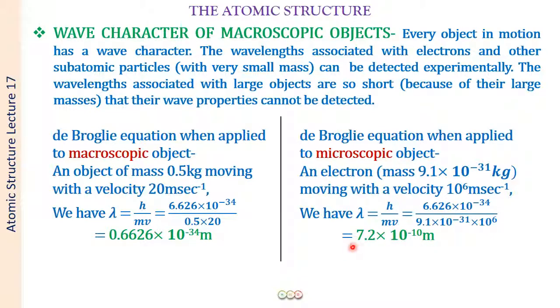So I hope you can understand that the wave character is present in the macroscopic objects, but it is not detected because of the wavelength being so small. Fine. So the de Broglie equation would be applicable only to the microscopic objects. Fine. I hope all these things that we have covered so far are very clear to you.